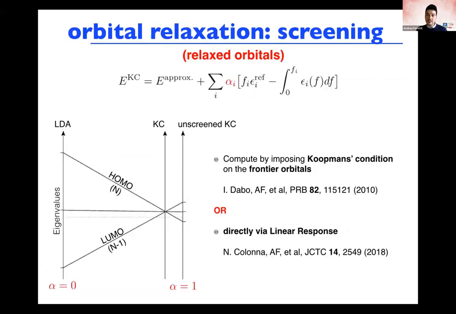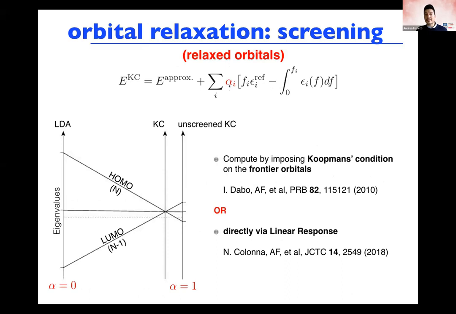And then there is a third bit that is quite crucial. So far we have been working formally by considering orbitals frozen, while in reality they are not. And so screening coefficients have to be added for each orbital, basically in front of the correction.